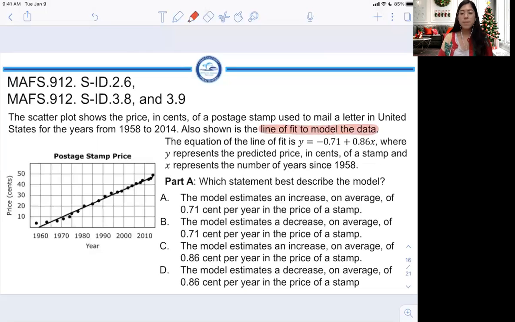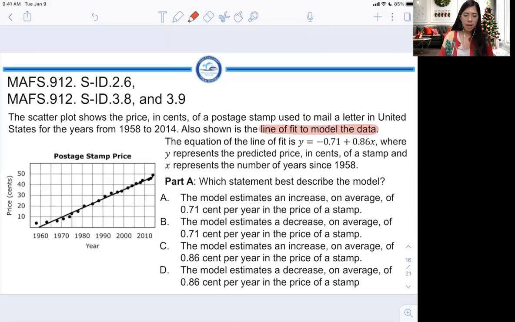Those dots are not perfectly on the line, but what that line represents is like the average. It cuts through the middle, through the most points, and it's the line that all of those points are kind of close to. So that's the line of best fit.